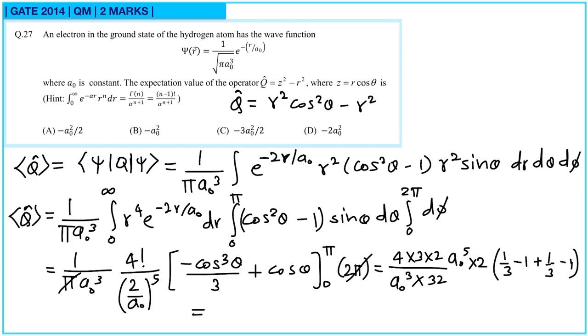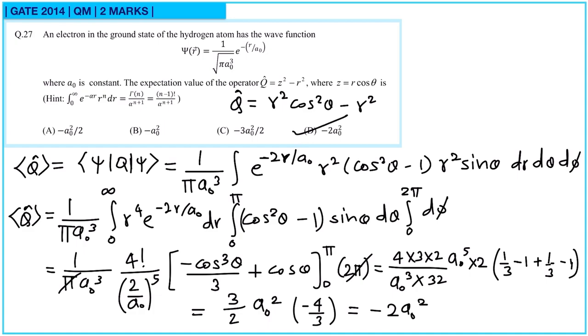So this is equal to, this 2 and 2 will cancel, this 4 will cancel out, so we will get 4 into 2 is 8, 24 by 8 is 3, 16 upon 2, and a naught raised to 5 upon a naught raised to 3 is a naught raised to 2, and 1 by 3 minus 1 by 3 plus 1 by 3 minus 1, that is minus 4 by 3. So this is equal to minus 2 into a naught square.